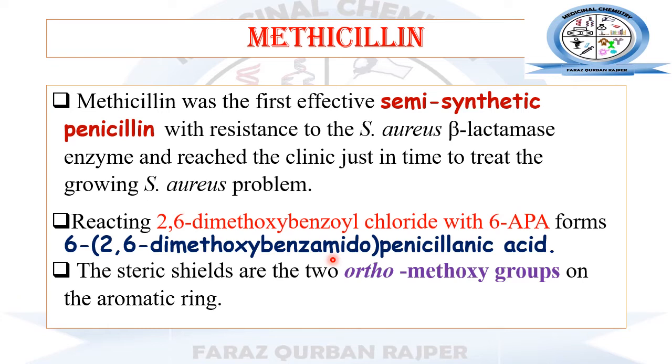It protects the penicillin against the attack of the beta-lactamase enzyme, so this penicillin will be effective against all those bacteria that produce beta-lactamase. The steric shield is the ortho-methoxy groups present on the aromatic ring of methicillin.